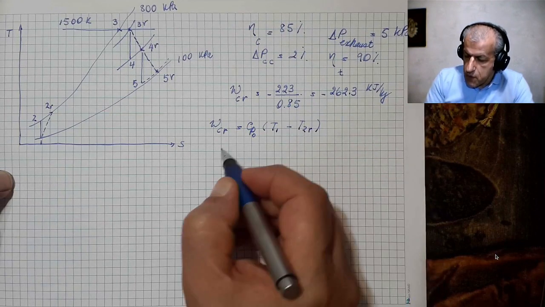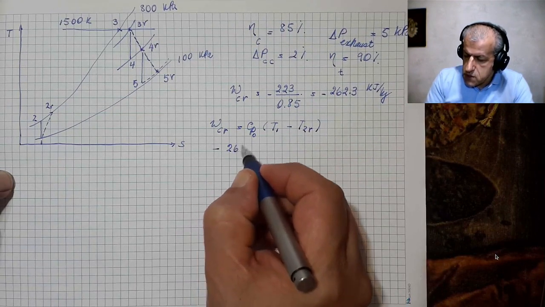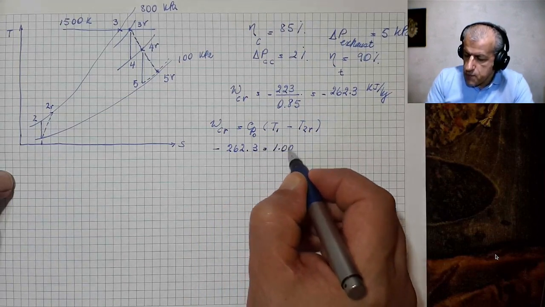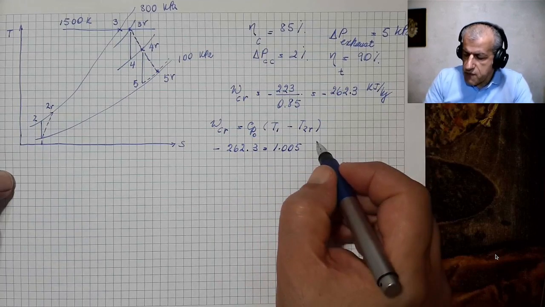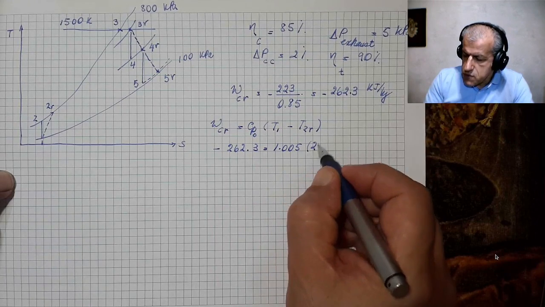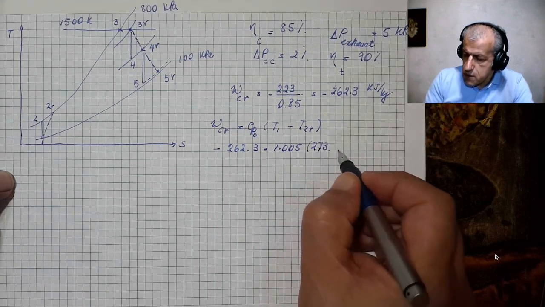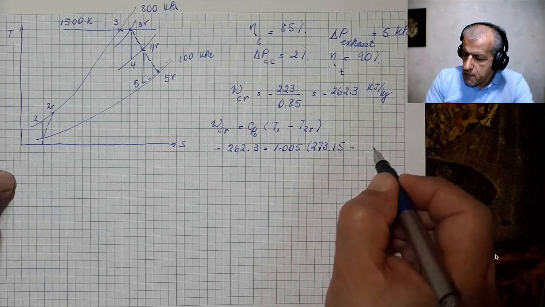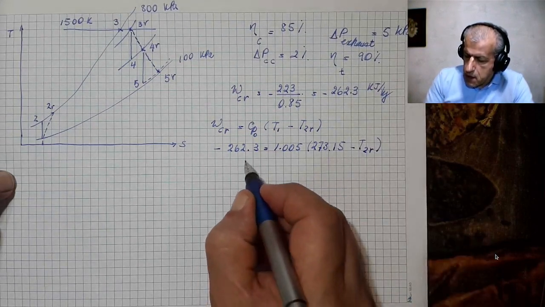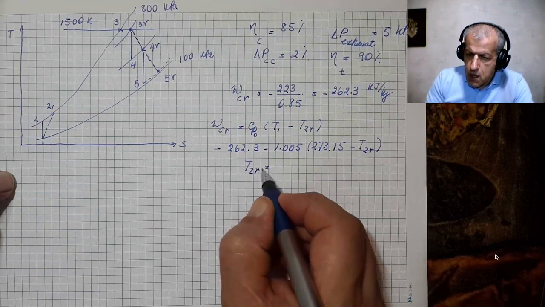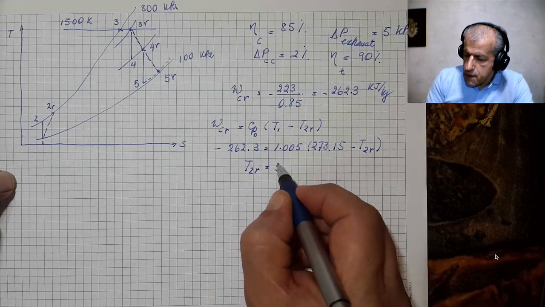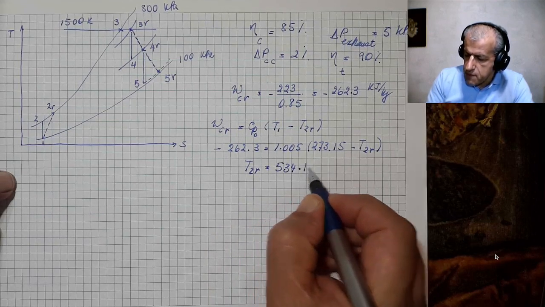And therefore, we know that minus 262.3 equals 1.005, or say 1.045, not much different, times 273.15 minus T2R. And the outcome is T2R equals 534.1 kelvins.